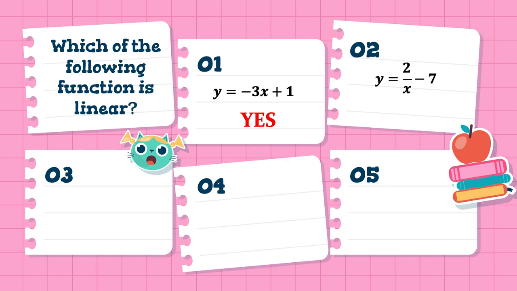Okay, for number 2, y = 2/x - 7. This one is not a linear function because, as you can see, we have a variable in the denominator. We can rewrite this expression as 2x raised to negative 1, where the degree, or the exponent of x, is negative 1, and that will not satisfy the condition for a linear function.